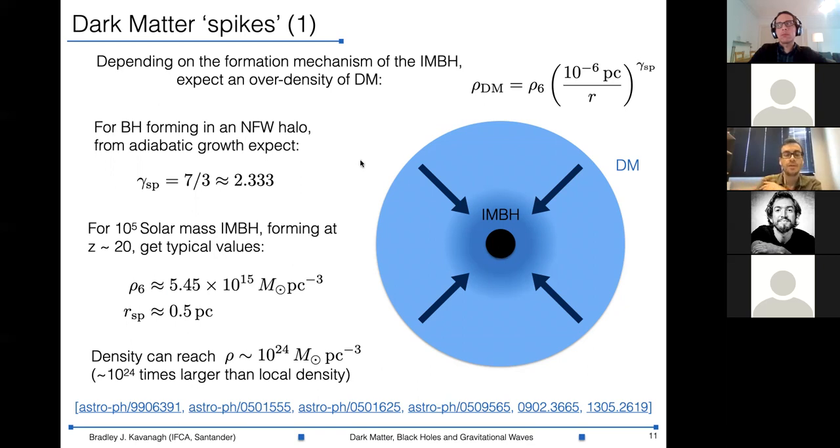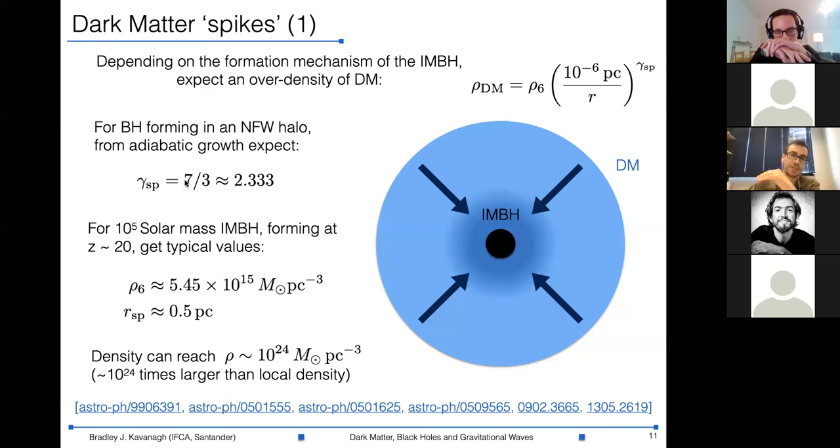So for example, if you have this black hole forming at the center of an NFW halo, then you would expect a dark matter density profile with a power law slope with index 7/3.